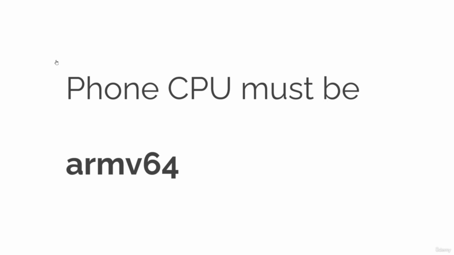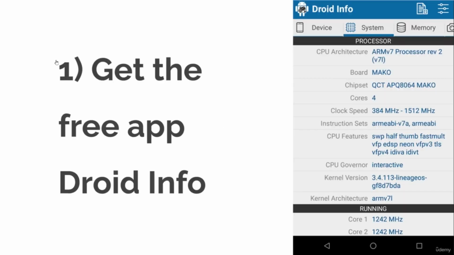If your phone's CPU is less than ARM 64, you can use an earlier version of Unreal to test out your project, but note that Unreal has discontinued support for anything less than ARM 64, because that's the only one that will actually work to allow you to test your Unreal 5 project on that phone. So how do we check the phone's CPU?